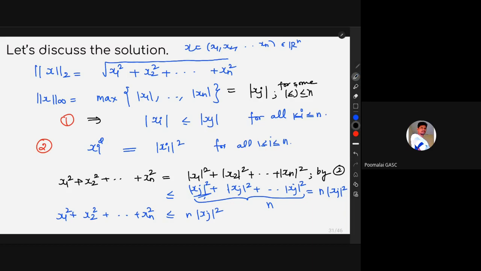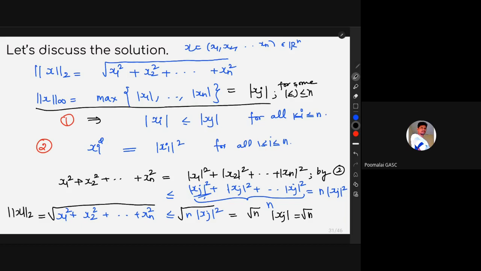Now you can see, if I square root both sides, what will I get? On the left, I will get the Euclidean norm of x. And on the right, I will get square root of n times mod xj. What is mod xj?